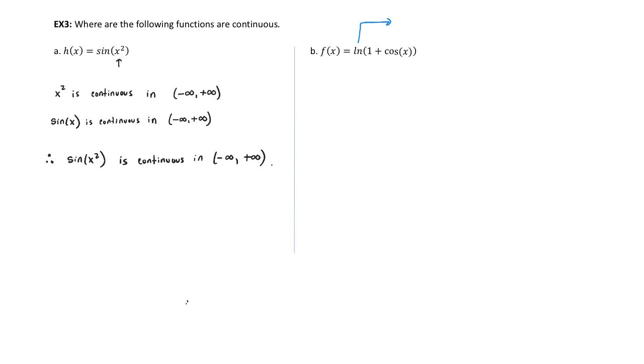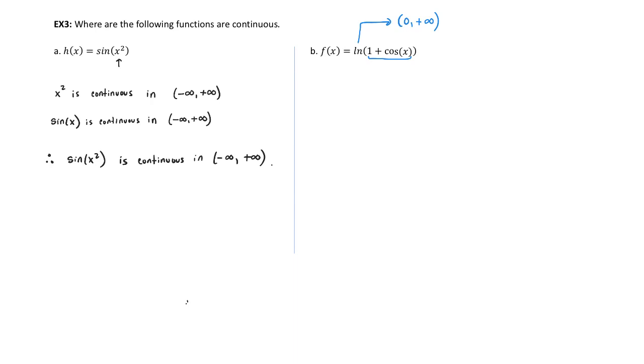And this is where logarithmic functions are continuous. They are continuous only within 0 and positive infinity. They don't like 0. They don't like anything that is negative. Whereas 1 plus cosine of x is happy with anything. They are defined within all the real numbers.